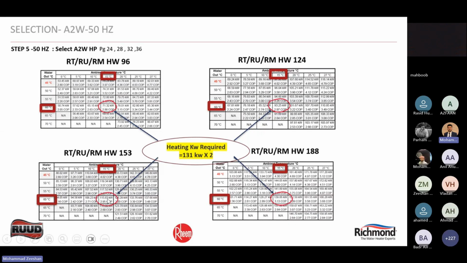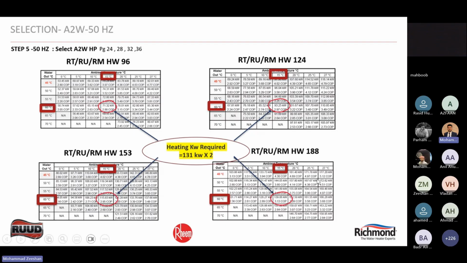If I use 115 kilowatt, the maximum 2 units will give me is 230 kilowatt. If I use model 96, it will be 140. If I use 124, it will be 94 kilowatt into 2, which will be 188 kilowatt. The only heat pump with this kind of configuration will be 188 kilowatt. That will give me 140 kilowatt each, that is 280, which is higher than what I need.